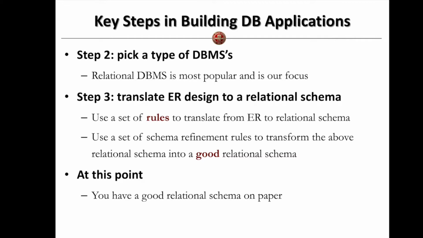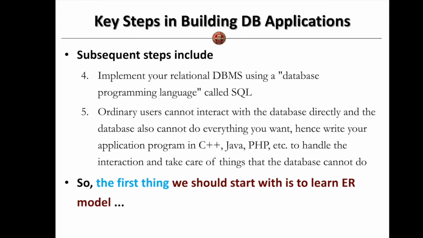And the following things will be developed in your machine with some programming language. So the subsequent steps will include, the first one, implementing your relational DBMS by using some language like SQL for building the DBMS. Because an ordinary user cannot interact with database systems directly, it will be very complicated.